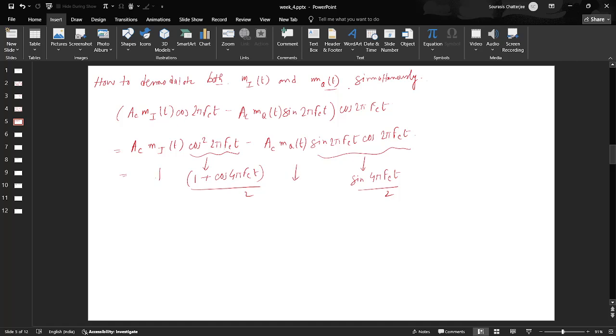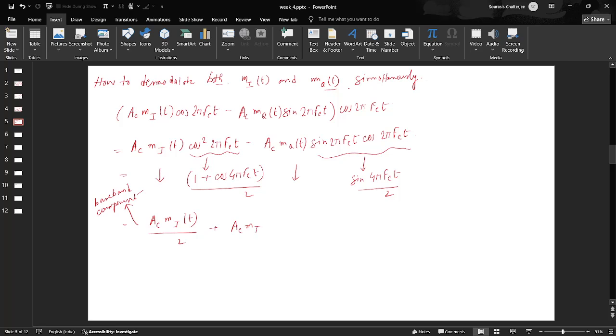This comes down as follows. If I try to find the baseband component, because that is what I am interested in at the receiver end, what I get is AC MI(t) over 2, right? This is my baseband component. What about the others?